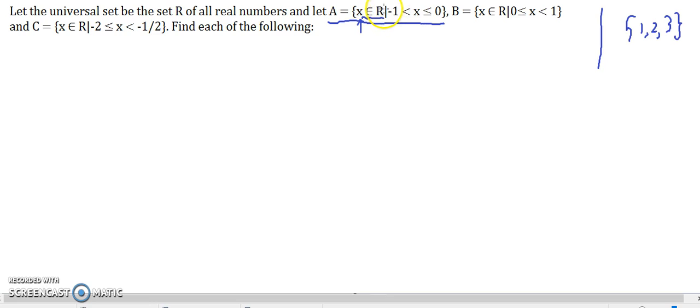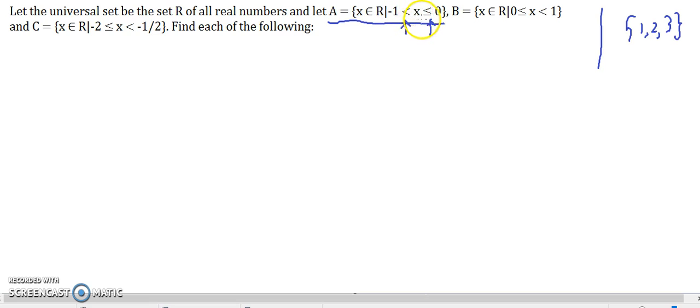So this pretty much tells us x is a real number. And then we draw a vertical line right here. And next we're going to describe what kind of real number x is. In this case, it says x is less than or equal to 0, and x is greater than -1.